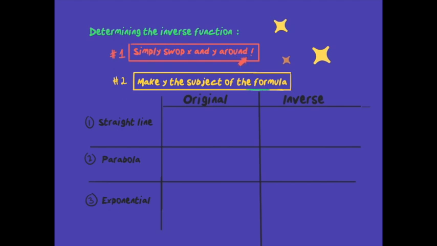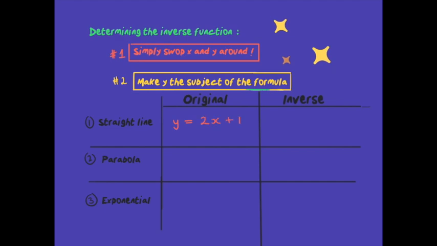In the previous slide, I did the whole input procedure: what are we multiplying by, adding, subtracting? Obviously we don't want you to do that every time. We just want you to swap x and y around, and then make y the subject of the formula. So for a straight line, if we take that same function from before, y is equal to 2x plus 1.